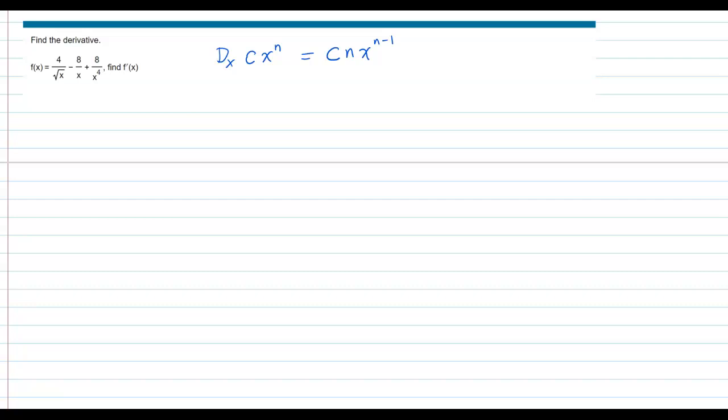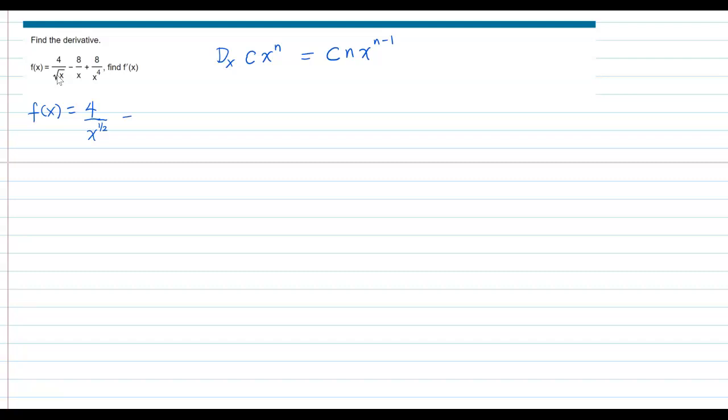So to do that, we will have to rewrite f of x. Now this denominator, if you have a square root, that means that you could write this in exponential form where the exponent is a fraction. So the denominator, square root of x, could be written as x to the 1/2.